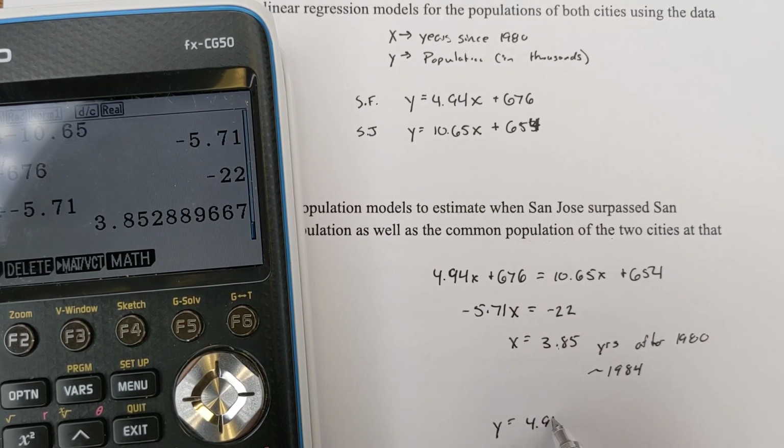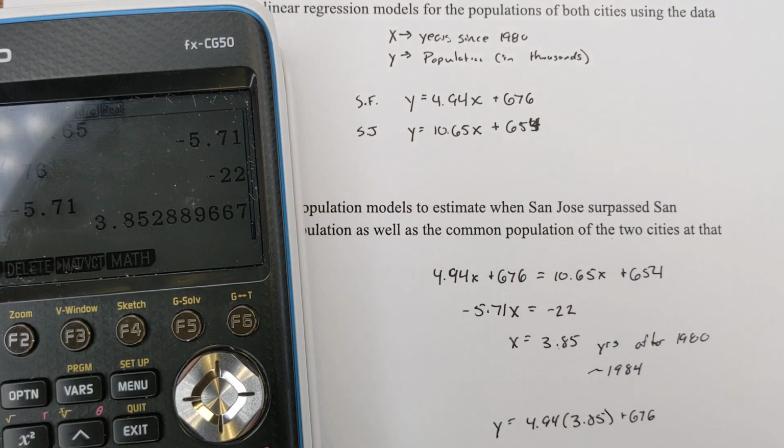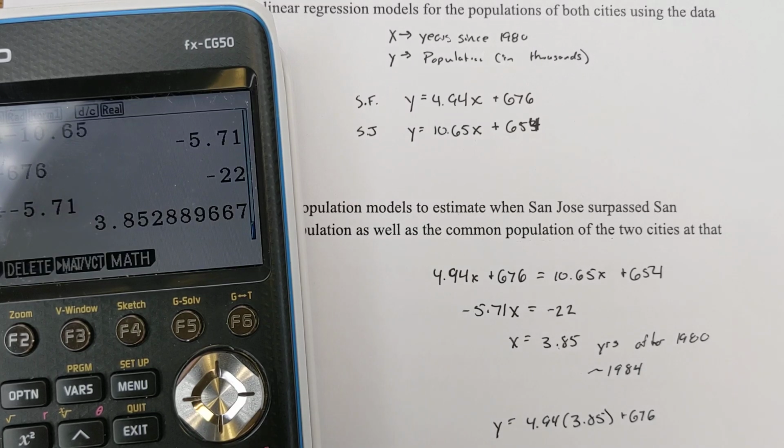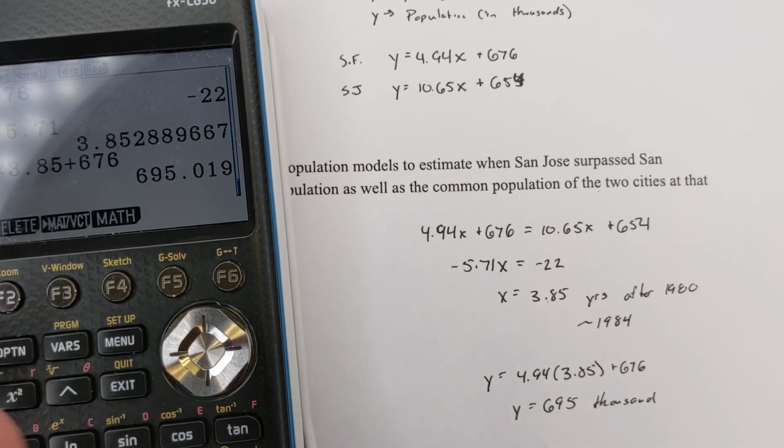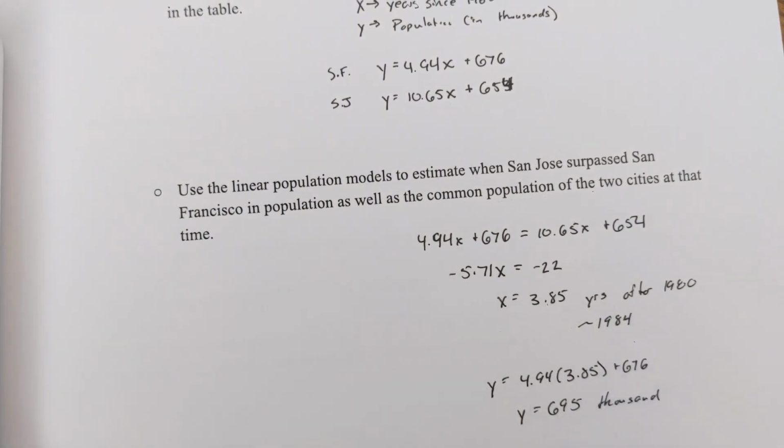So 4.94 times 3.85 plus 676. I just chose the top equation. Doesn't matter which one you do. So at that time, both cities have a population of about 695,000 people in each city when they are equivalent in about 1984.